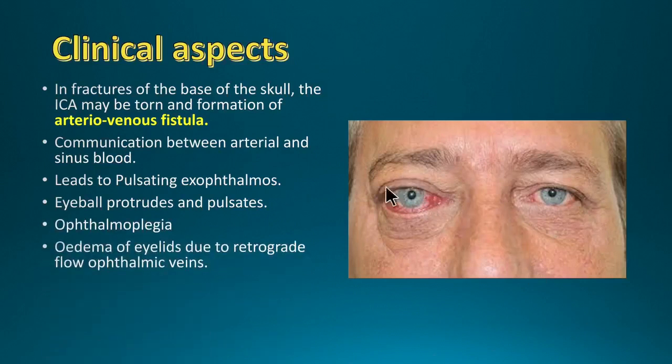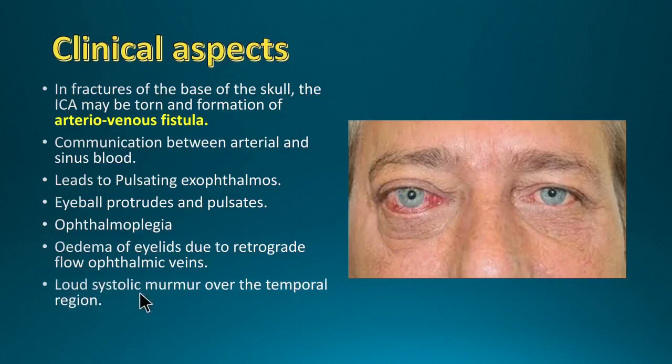Then again edema of the eyelids due to retrograde, reverse flow of blood. Instead of blood draining into the cavernous sinus, because of the pulsations and the current flow, the flow of blood is in the reverse order. That is one of the reasons why you see edema around the eyelids, and you hear a loud systolic murmur over the temporal region.